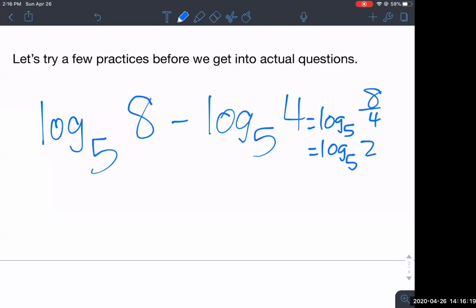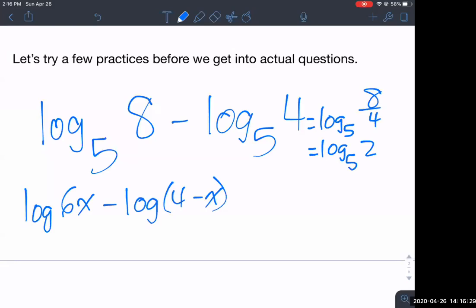Now let's try something with a little bit of algebra in it. Log 6x, no, we're going to be in base 10 for this, minus log 4 minus x is equal to 3. Actually, you know what, I'll change this one a bit. Okay, sorry, this question is a bit better.